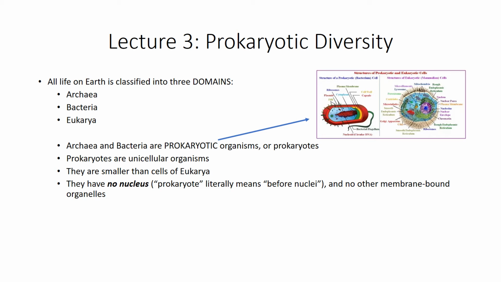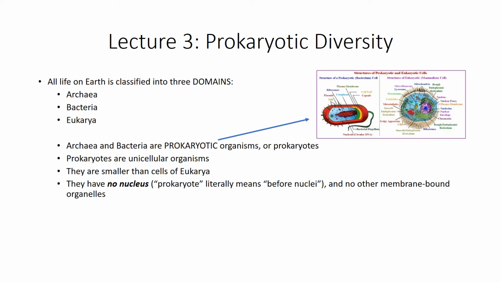Now, it is hypothesized, and there is pretty strong evidence, that pre-cells evolved first into prokaryotes, and then prokaryotes evolved into eukaryotes. So that's the reason we study prokaryotic cells first. Now, the entire life on Earth is classified into three very large groups, called domains: archaea, bacteria, and eukarya.